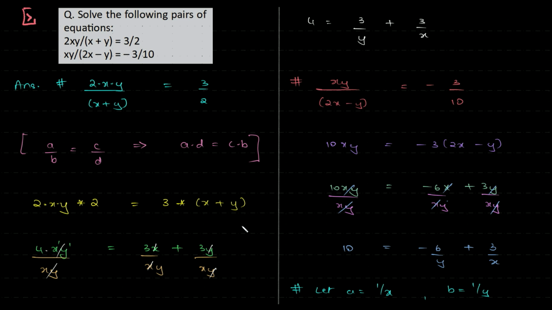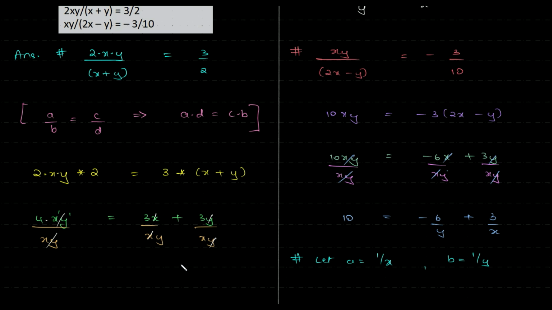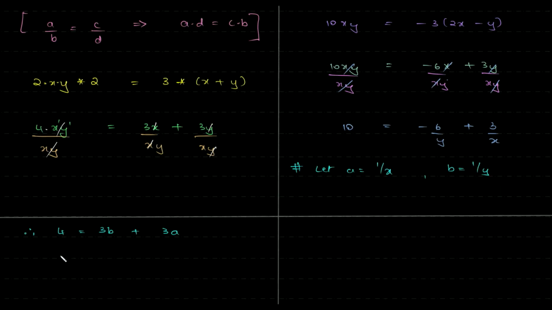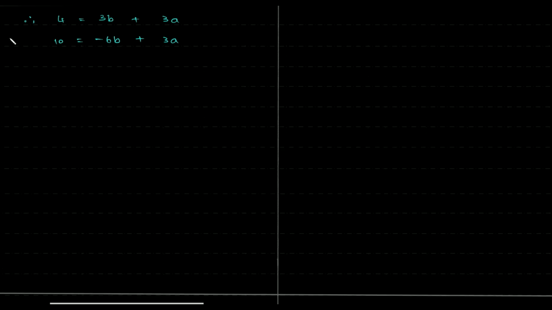That's where generally everyone makes a mistake. So 4 is equal to 3b plus 3a, right? Therefore we have 4 is equal to 3b plus 3a, and we have 10 is equal to minus 6b plus 3a. So it's a simple solution now, not too hard.